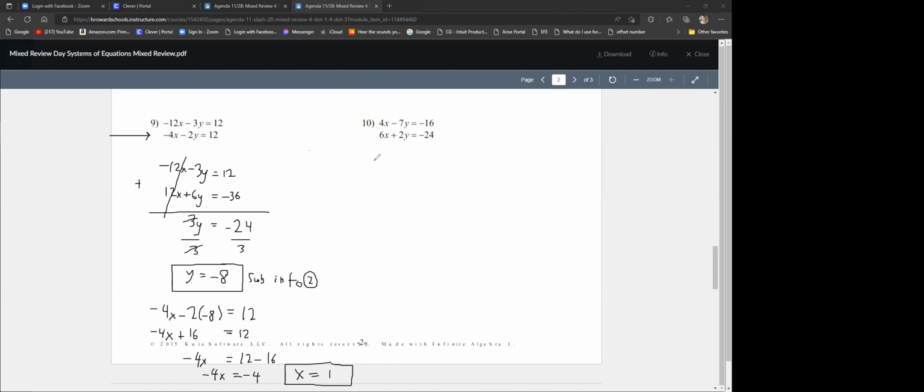What are we going to do with the coefficients there, the 4 and the 6? Try to match them up. Okay, so how are we going to match them up? Multiply the 4 times something. Okay, 4 times what?